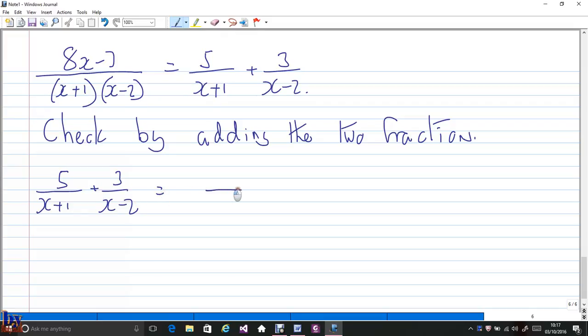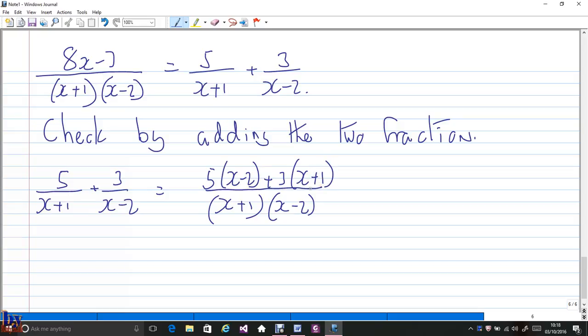Well, the common denominator is just simply multiplied together, x plus 1 times x minus 2. Now, because we changed this denominator, we must change the numerator. Cover that up, multiply the 5 by the x minus 2. So it's 5 times x minus 2 plus the 3 times the x plus 1. Like I say, it's a very simple process to add fractions.